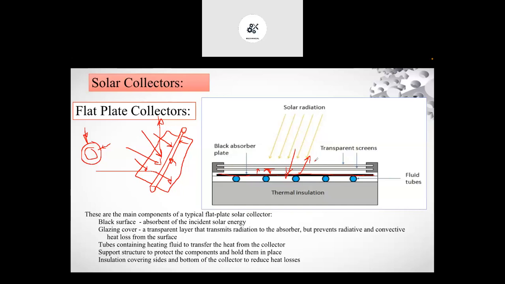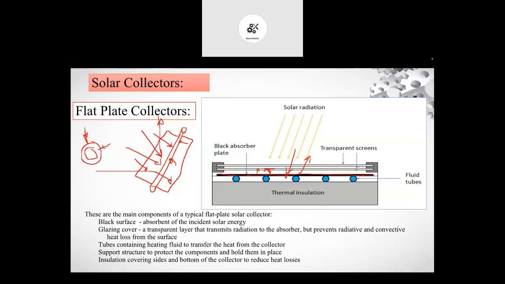These higher wavelength radiations cannot cross the transparent screen or the glass cover. That is the characteristic of that type of radiation. So that's why we are using the transparent glass cover. It will trap the energy inside the box, and it will also improve the efficiency or performance of the flat plate collector. So that's how it is working.